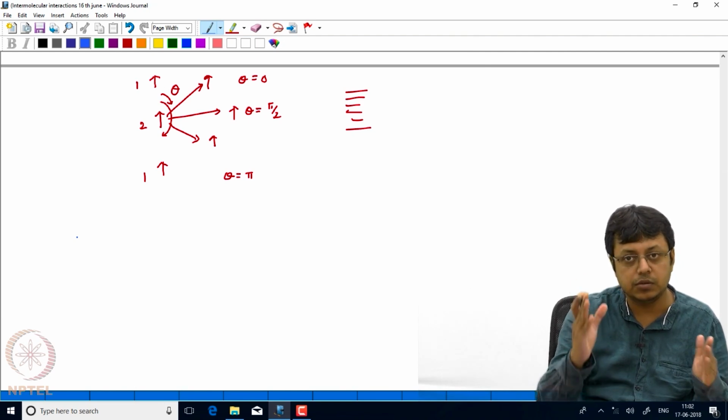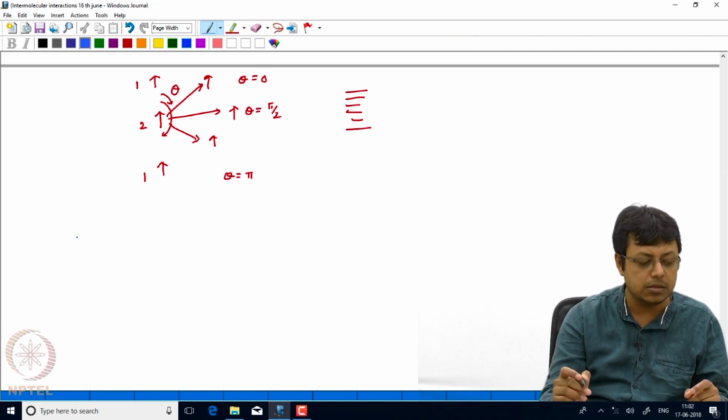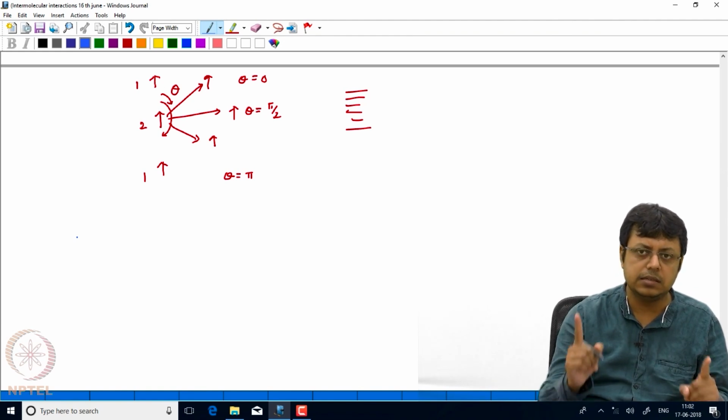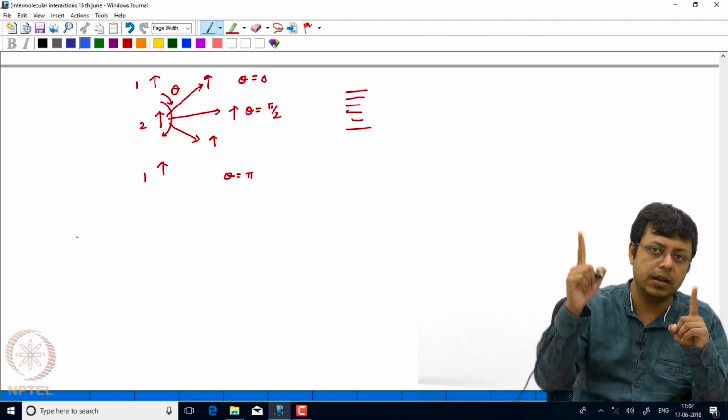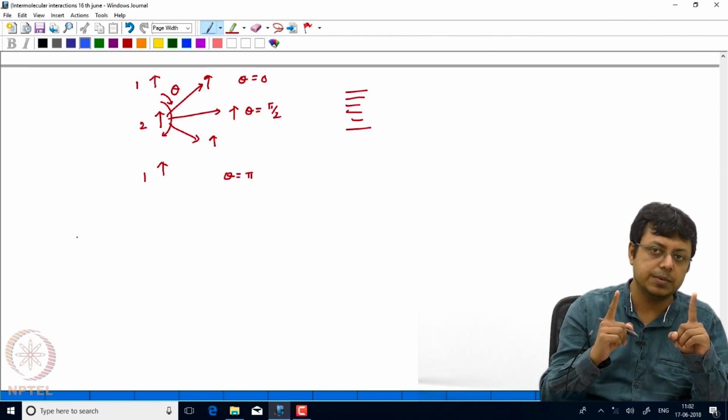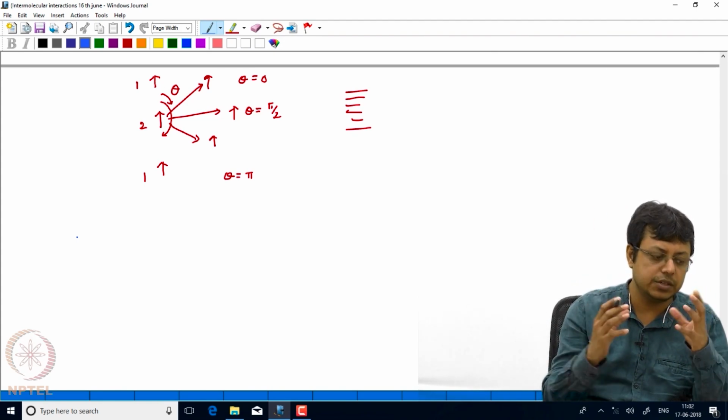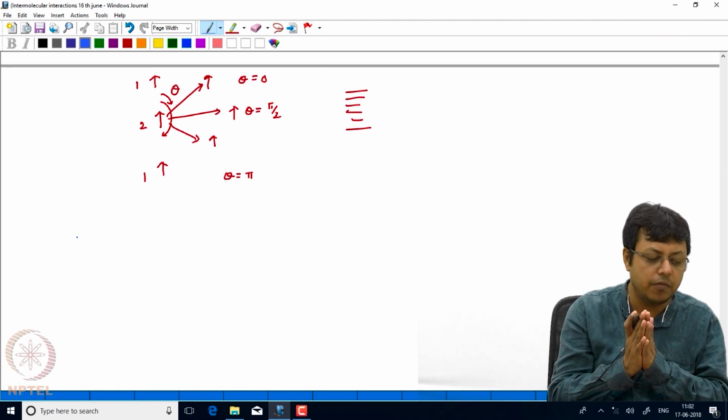Now the next thing is that what we have talked about so far is dipole-dipole interaction for a particular orientation, which is a parallel orientation between the dipoles. We also took into account the fact that when these dipoles are in parallel, one dipole is rotating with respect to the other, and what the mutual orientation will be.